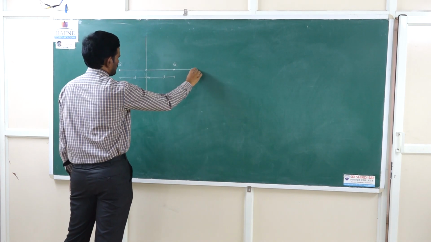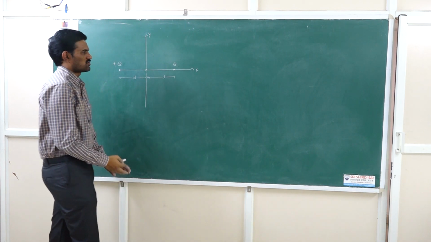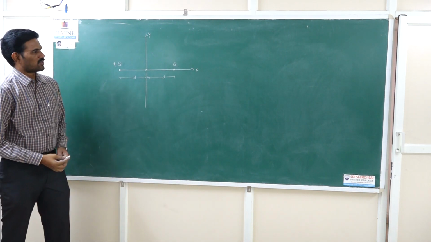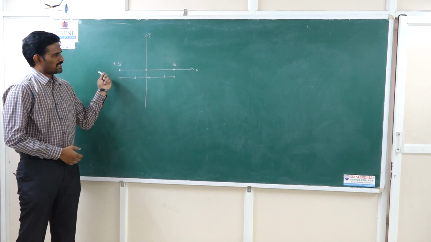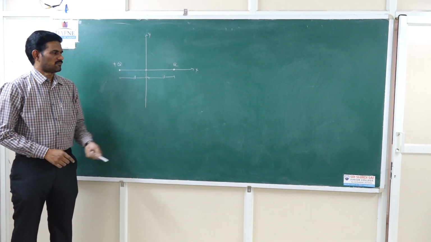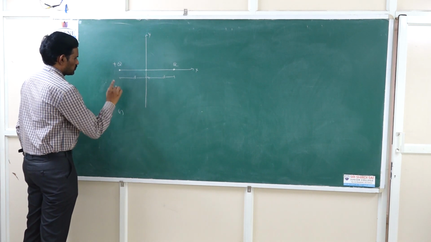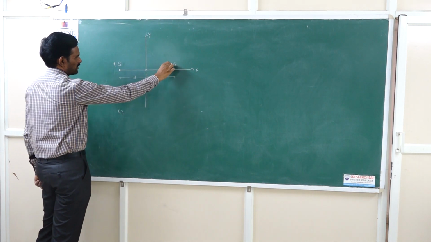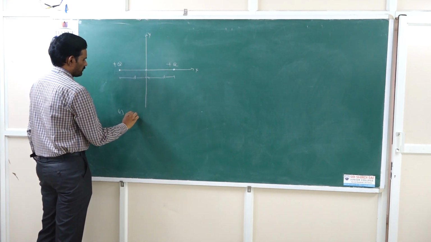Let us take this as the x-axis and this as our y-axis. Here we need to draw the variation of the electric field when you are traveling along the x-axis. Two fixed charges are there like this, both identical like charges.